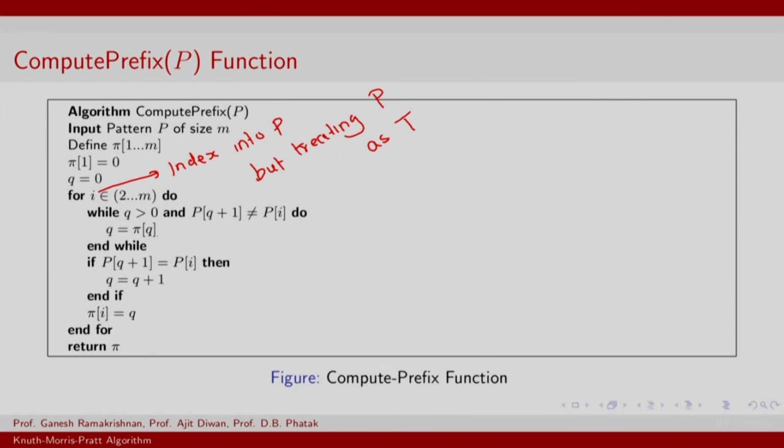We are not incrementing Q anywhere here. You are only looking up Q for Q equals 0 initially.